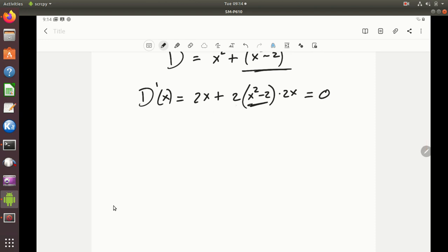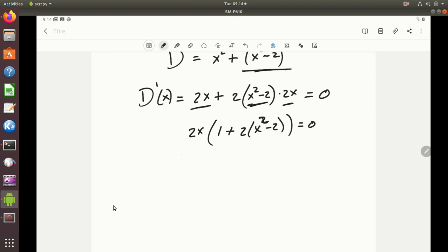Okay, now what I notice is I've got a 2x there and a 2x there, so I'm going to factor that out. I'm not going to write an equal sign there. I have 2x, and then I have 1 plus 2 times x squared minus 2, and that equals 0.